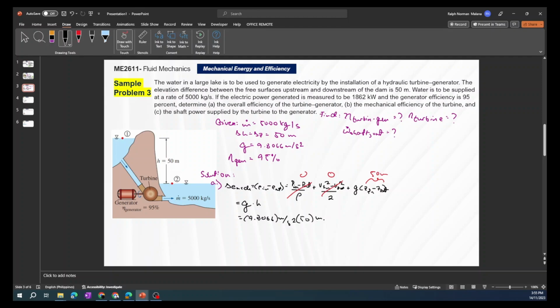So we're going to have to add this one: 1 kilojoule per kilogram over 1,000 meters squared per second squared, which is equal to, let's just group them all together.